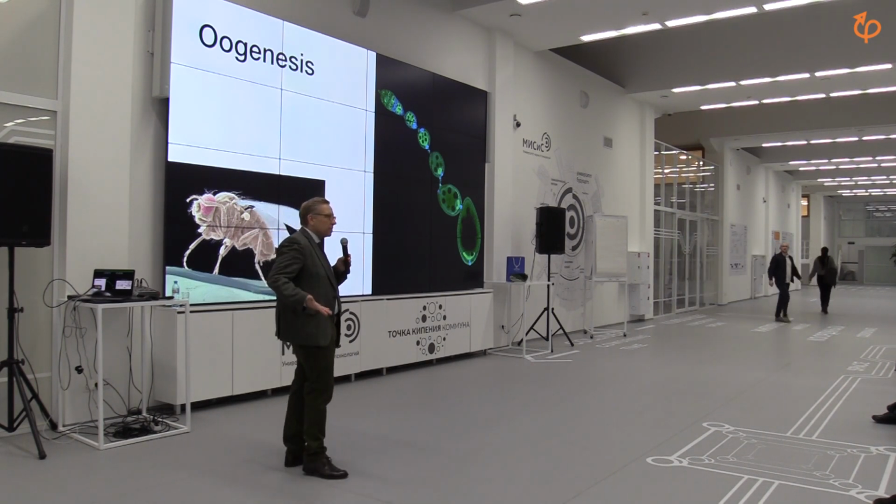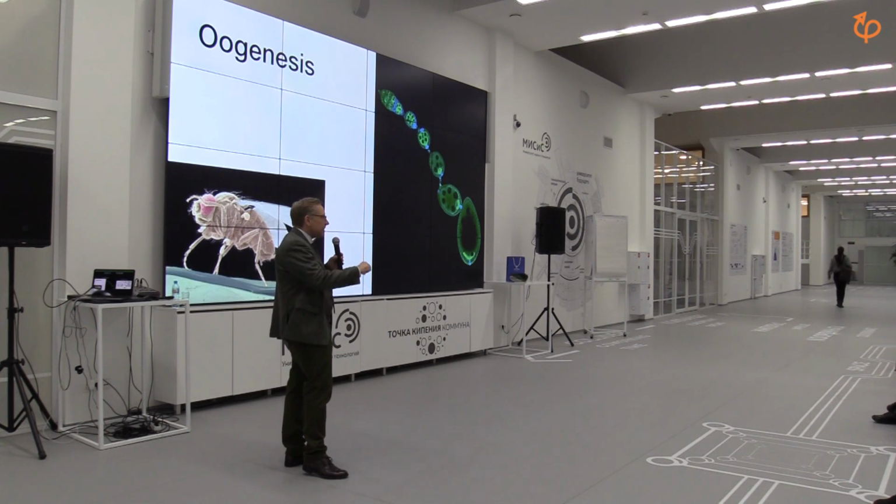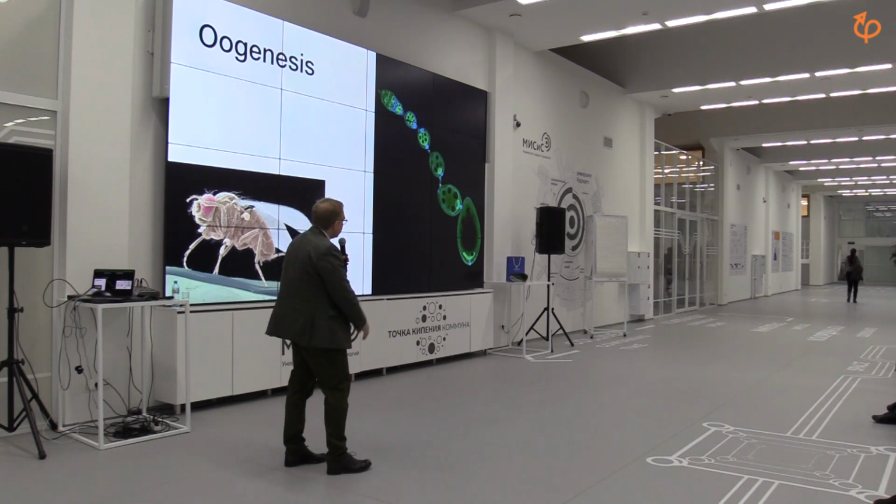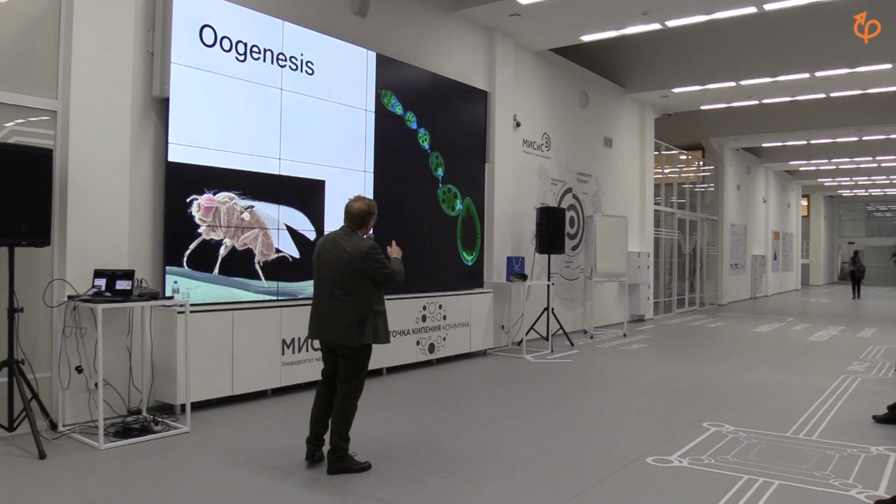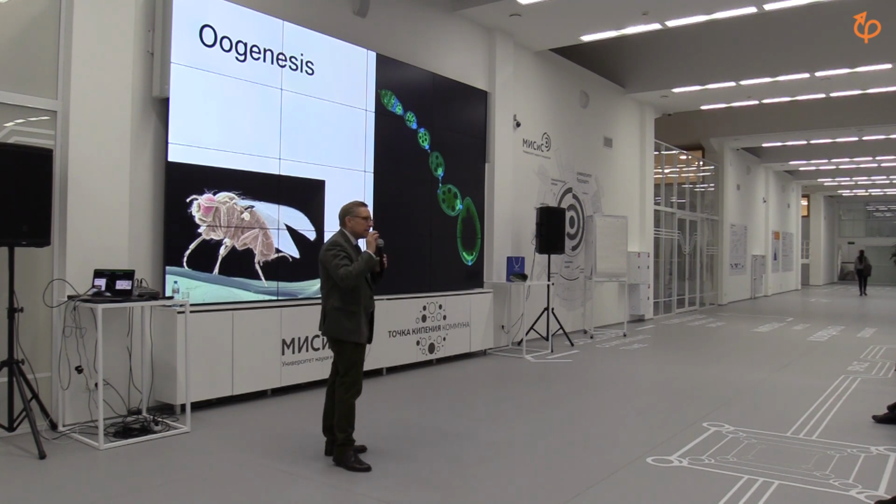They have, of course, ovaries, and these eggs are built up to this end product. But here in blue, you see that some information is given from the mother into the egg during this development, which determines one of the most important things, the primary axis.